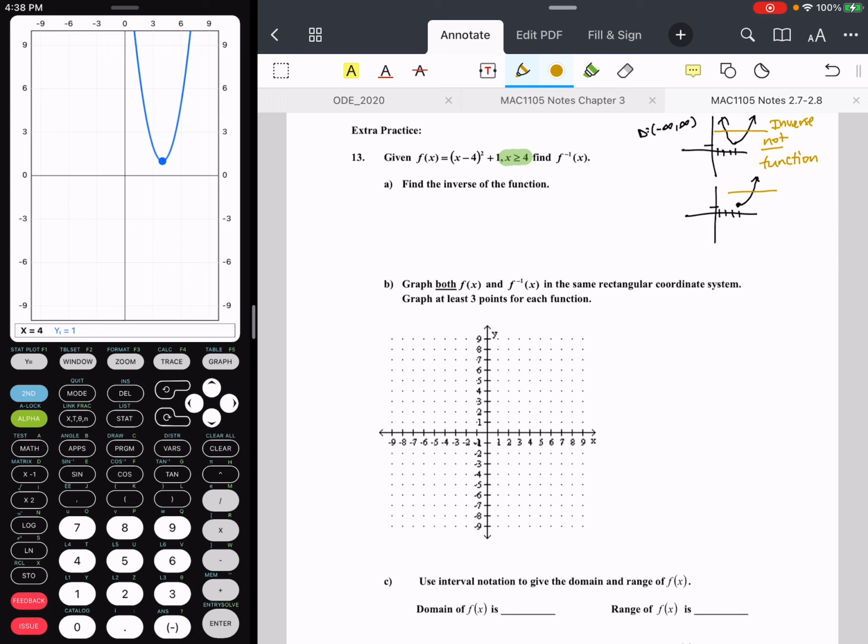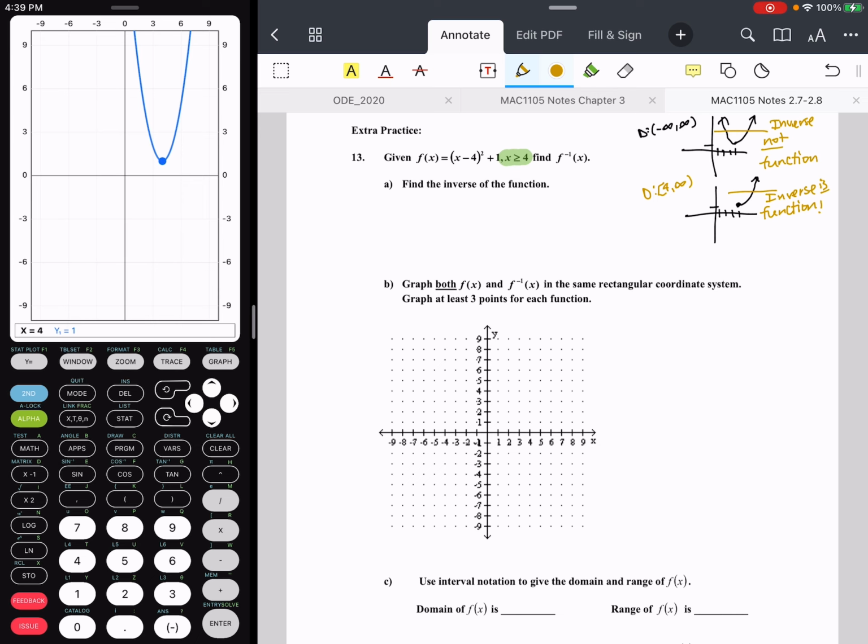That means the inverse of this domain restricted function, where the domain is from 4 to positive infinity, is a function. So typically with these domain restricted functions, we add the domain restriction to ensure that the inverse will be a function. The domain restriction gives us a one-to-one starting function that will then produce an inverse that is also a function.